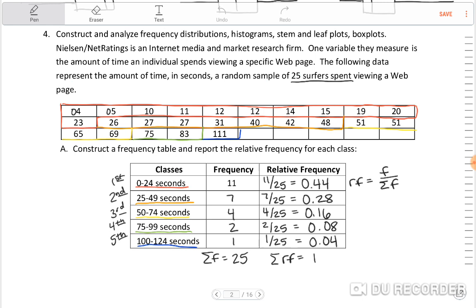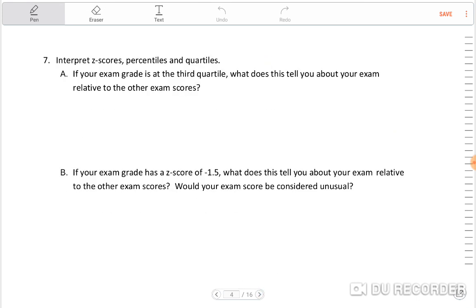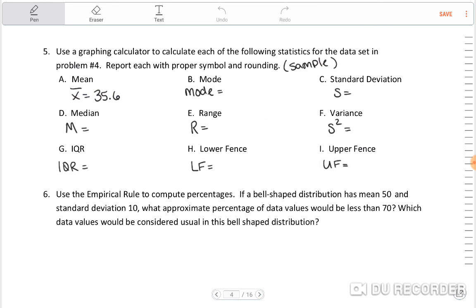And we're talking about the amount of time in seconds that a random sample of 25 web surfers spent viewing a web page. So the mean amount of time is going to be 35.6 seconds. I'm just going to go back over here and put that in there. I don't think I put that in my answer key, but that's okay. We'll just put it here to be complete.